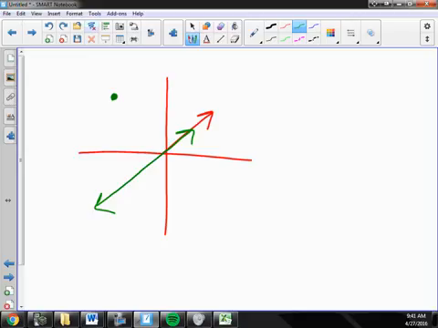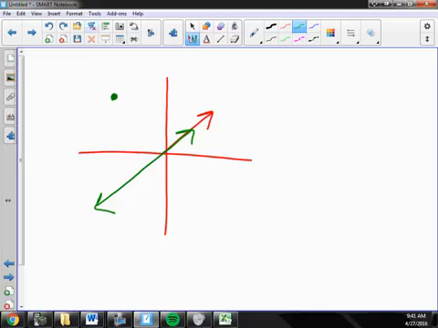Can you fill a 3-dimensional space with 2 vectors? No, you need 3. So if any of the vectors are duplicates or parallel to each other, then you don't have enough information to fill the space. If there's not enough information to fill the space, then the matrix is not invertible.